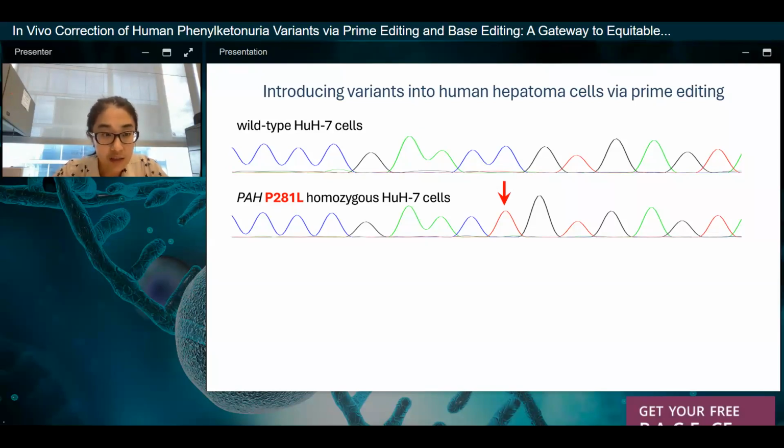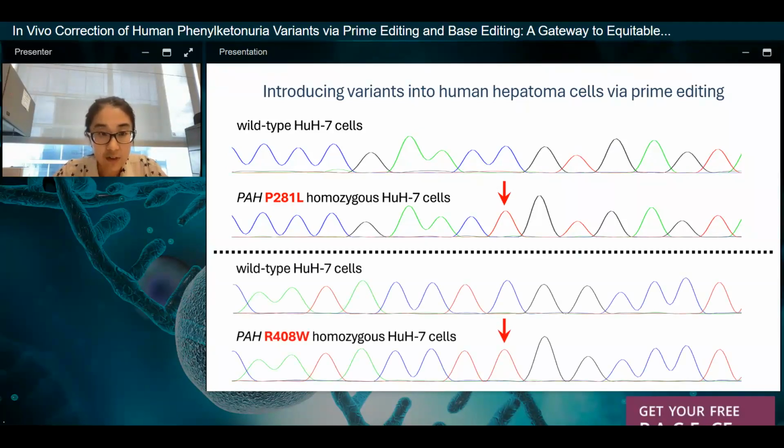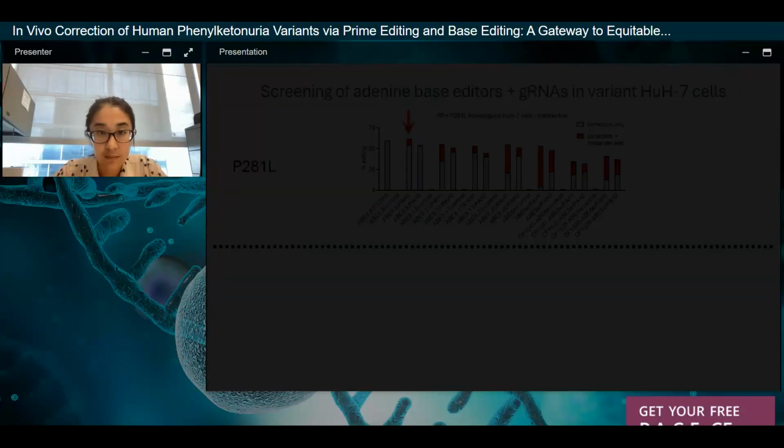So our workaround here was to use prime editing to knock in the mutation into both PAH alleles in human Huh7 hepatoma cells. As you can see here, we were able to precisely knock in each of the variants into Huh7 cells and obtain homozygous mutant cell lines.